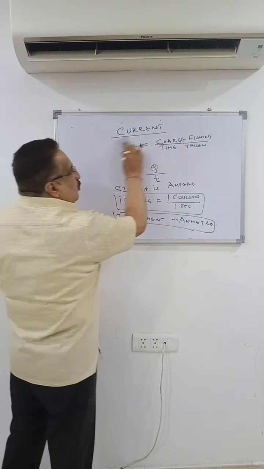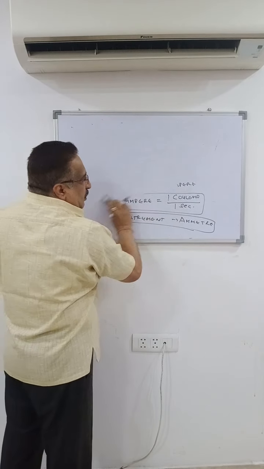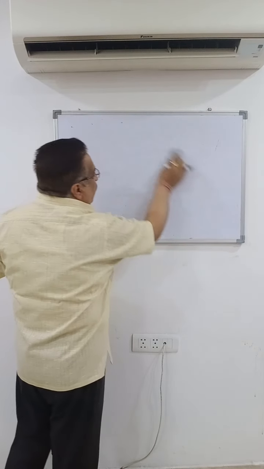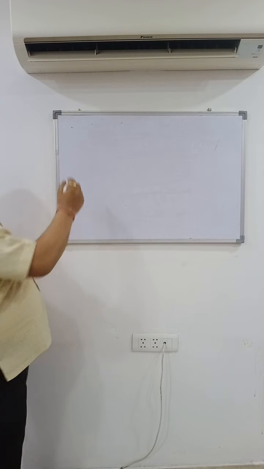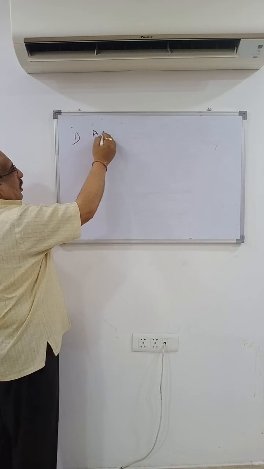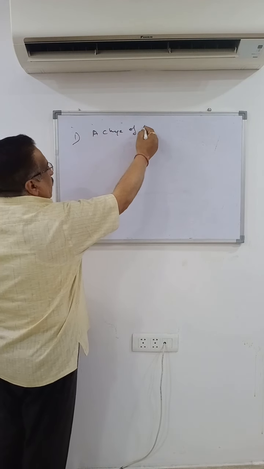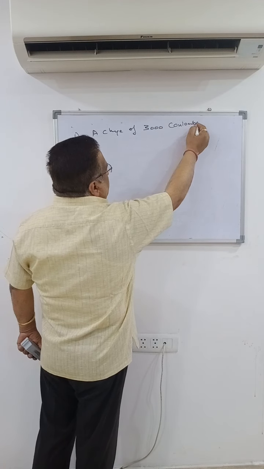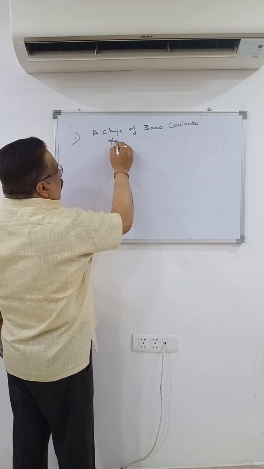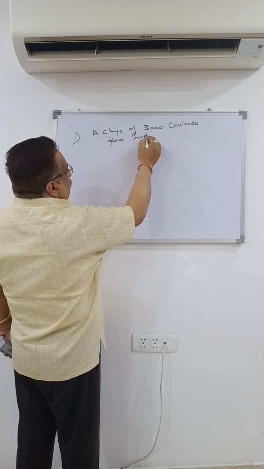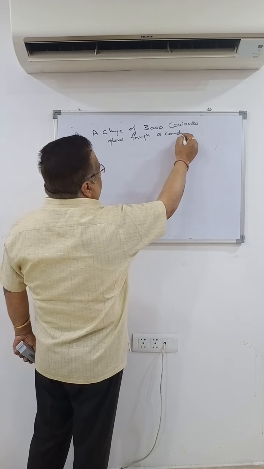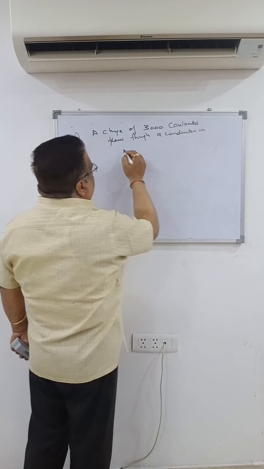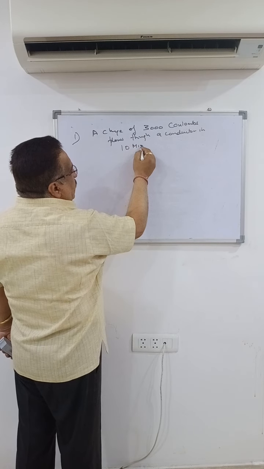Moving on to the first numerical from current. A charge of 3000 coulombs flows through a conductor in 10 minutes.